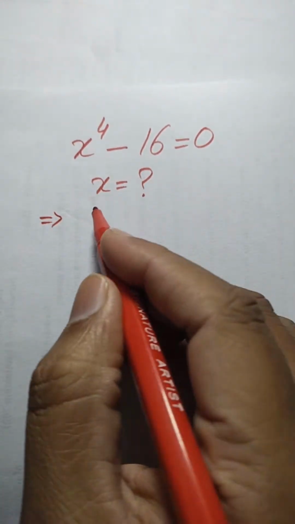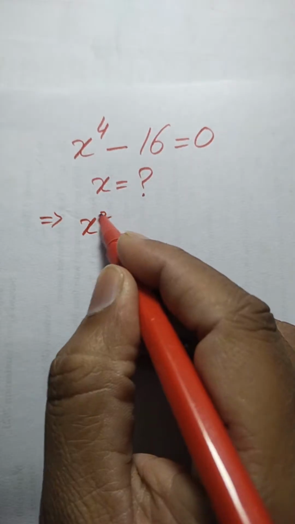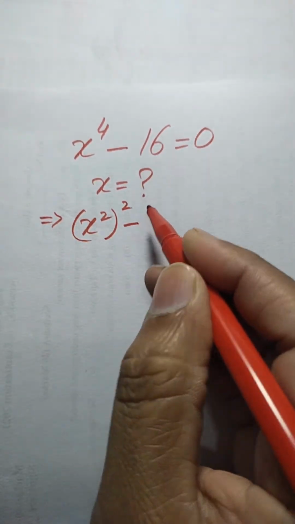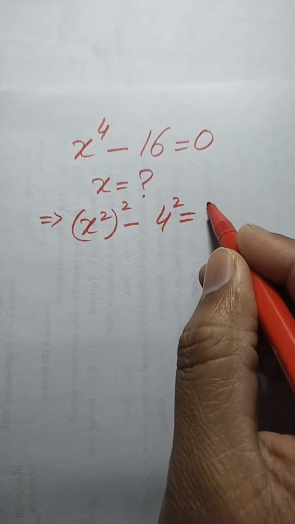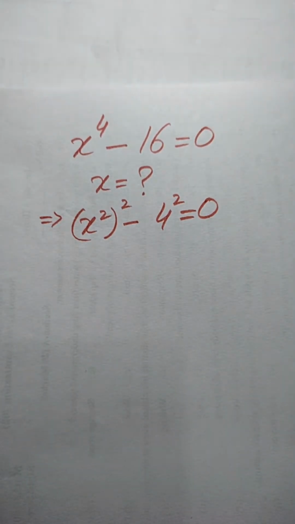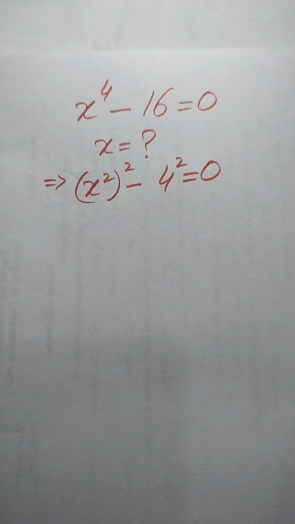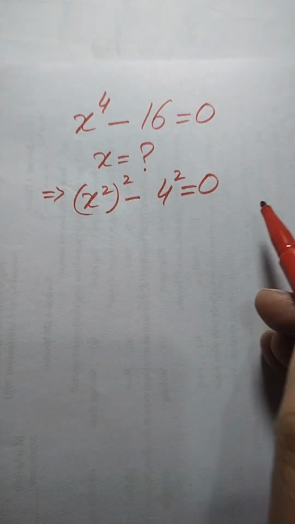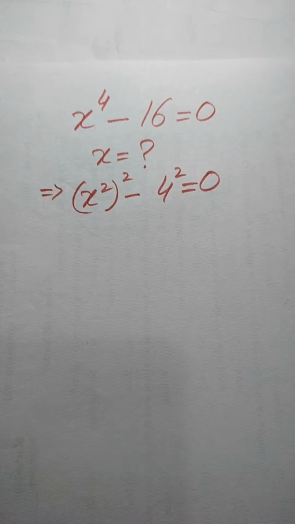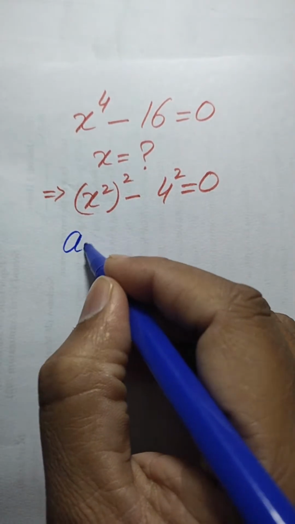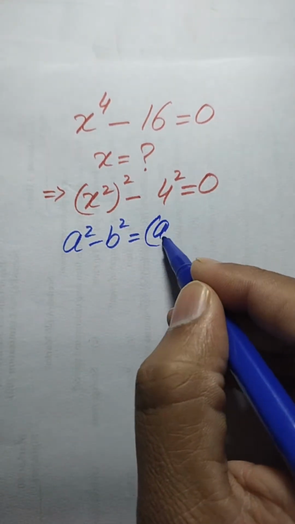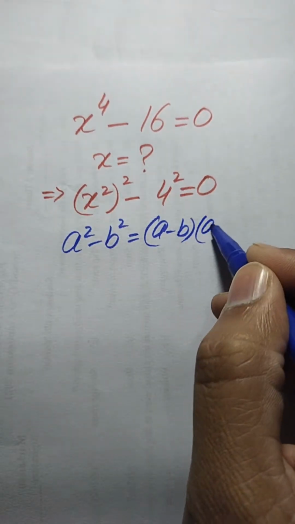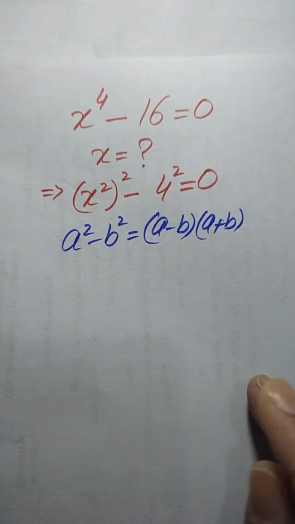First we rewrite this equation as x square whole square minus, this 16 we write as 4 square, and this whole equation equals 0. Further, in the next step we use the nice algebraic formula that you know: a square minus b square equals a minus b times a plus b.